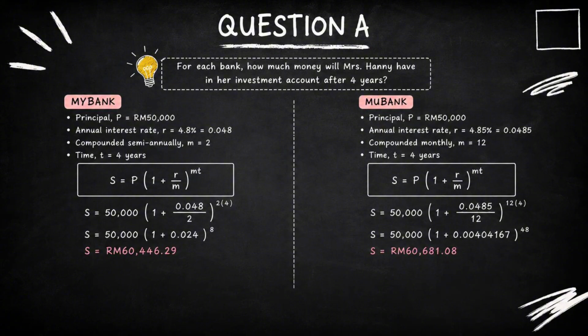For MU Bank, the interest rate is 4.85% compounded monthly. After calculation, the future value obtained is 60,618 ringgit and 18 cent. Therefore, after 4 years, MU Bank provides a higher final amount compared to my bank.